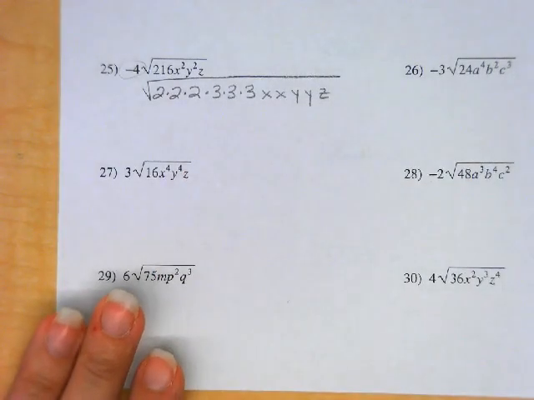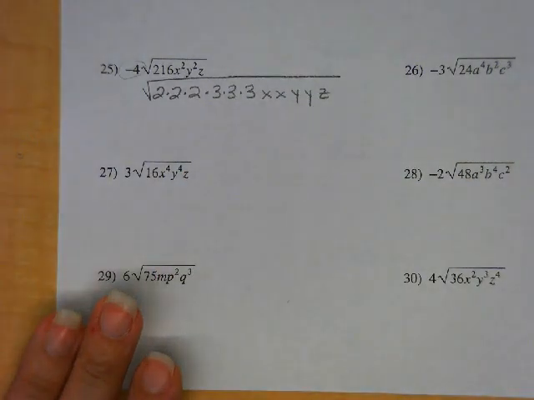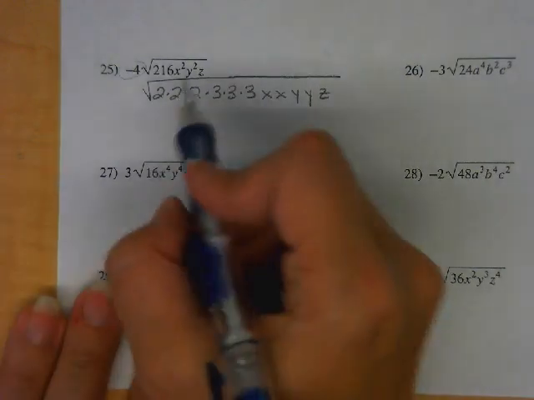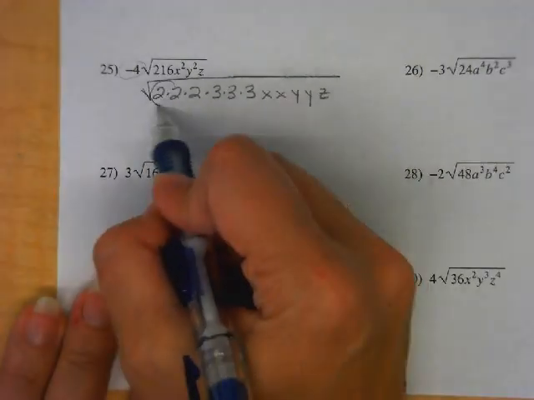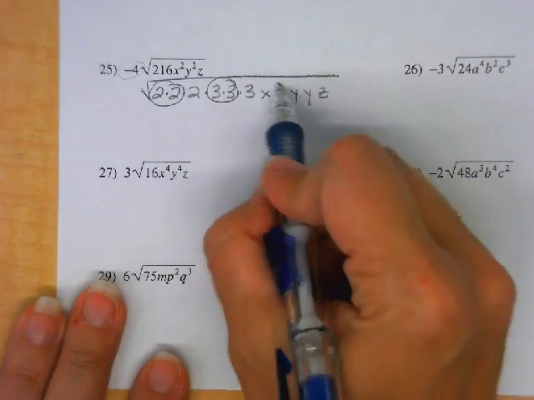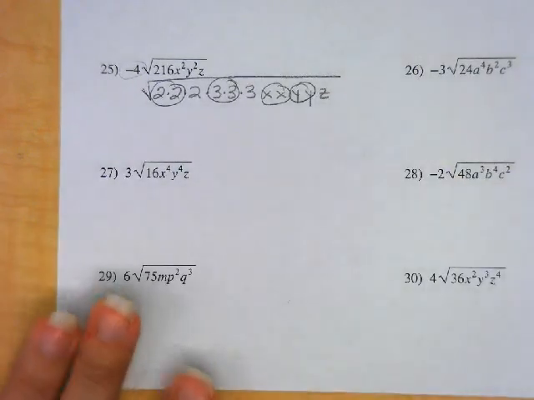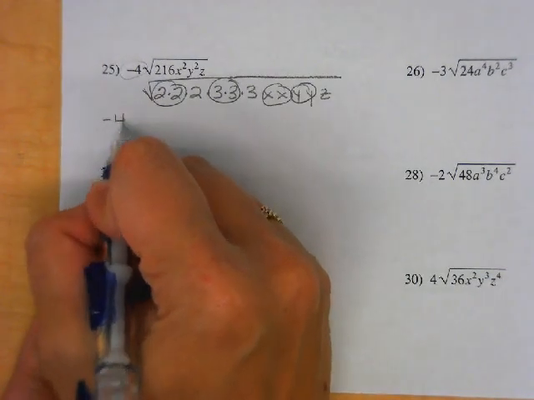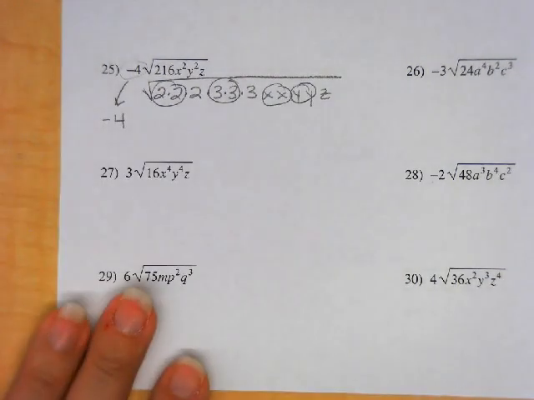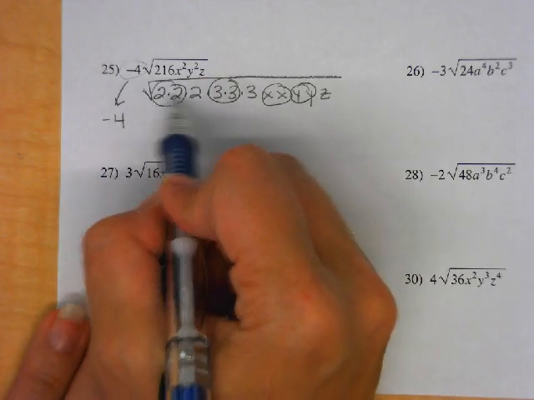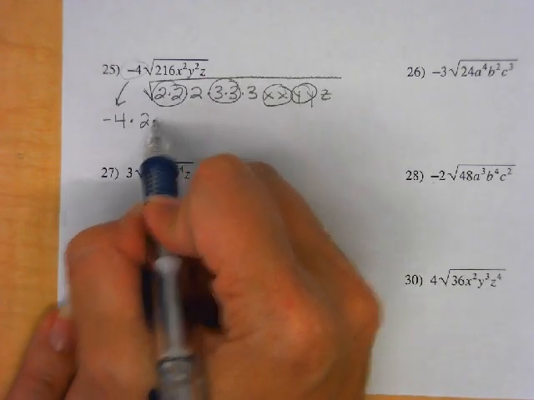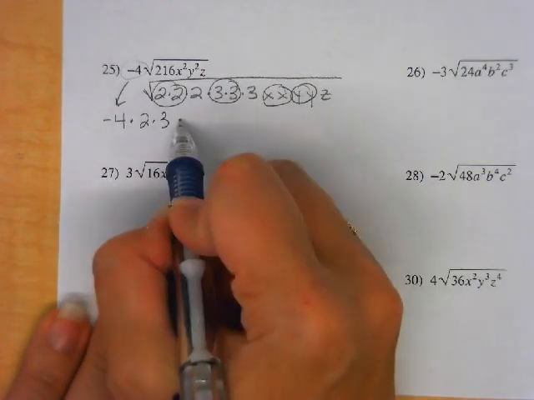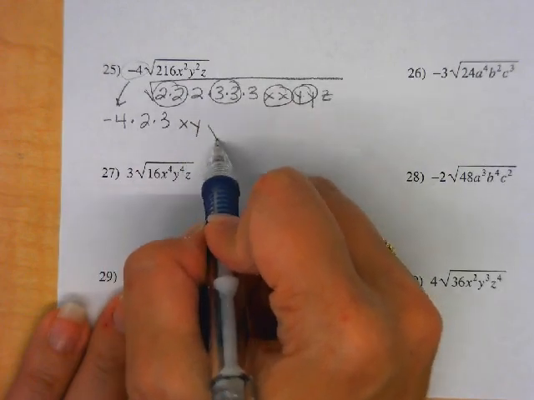And I'm looking for what? What is my root index? Looking for pairs. My root index is a 2, right? So here's a pair, here's a pair, and a pair. Yes? So I've got to bring this -4 down. I've got a pair of 2s, I've got a pair of 3s, and then I've got x and y.